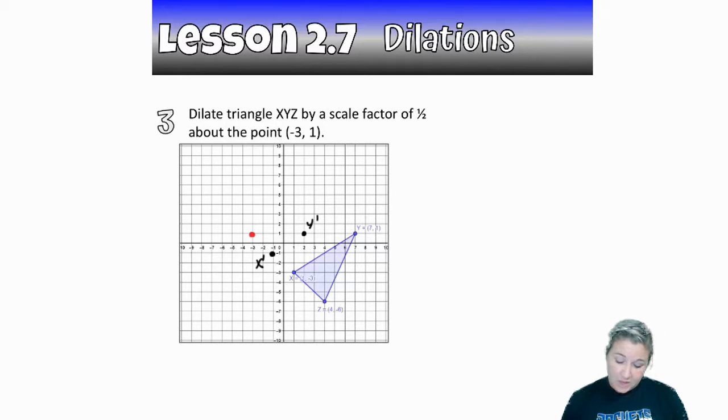Z is over 7 and down 7. I'm going to divide both of those by 2, so I'm going to go over 3.5 and down 3.5. Pretty much smack dab in the middle of that square is going to be Z prime.